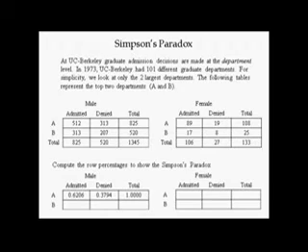The relative frequency of males admitted, given they apply to Department B's graduate school program, is computed by dividing the frequency of males admitted to Department B's program, 313, by the frequency of males that apply to Department B's graduate program, 520. The relative frequency of males admitted, given they applied to Department B's graduate program, is 0.6019.